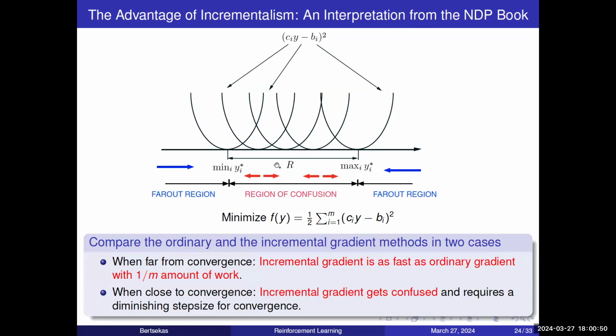So once it gets into this region, it's going to move left and right without knowing what is the right direction to go. But theoretically, there are ways to avoid it. And that is, you can design the step size to be diminishing so that it can converge properly.